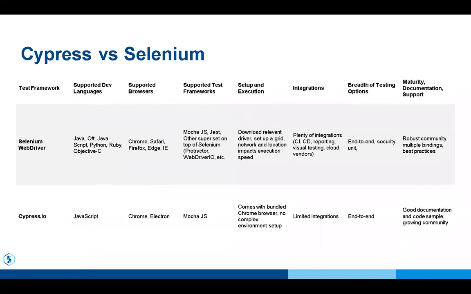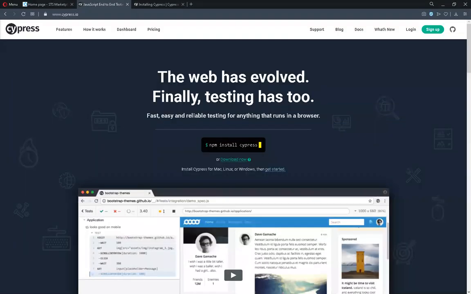Now, let's take a hands-on look to see some examples of using Cypress. Let me show you. To install Cypress is very easy. We just have to execute this command in the CLI.